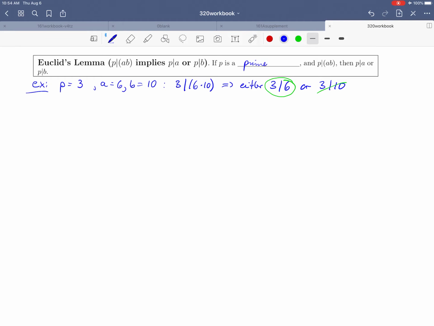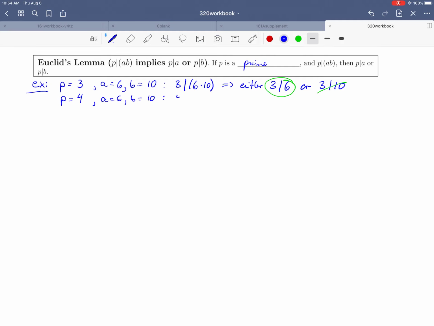This only works when P is prime. We can only draw the conclusion when P is prime. And here's an example that illustrates what can go wrong if P is not prime. So let's say we are looking at 4 and still A equals 6 and B equals 10.